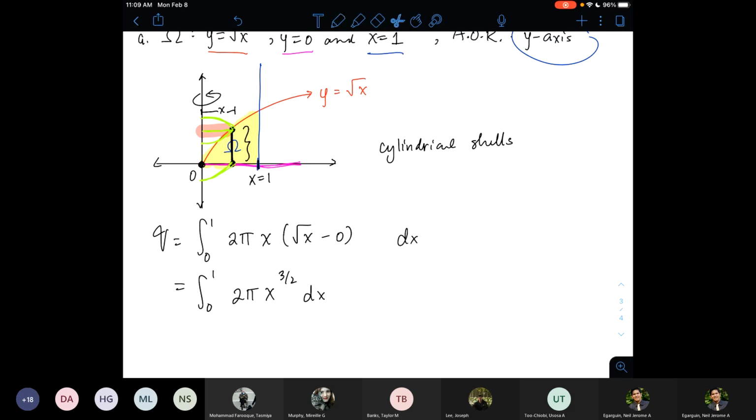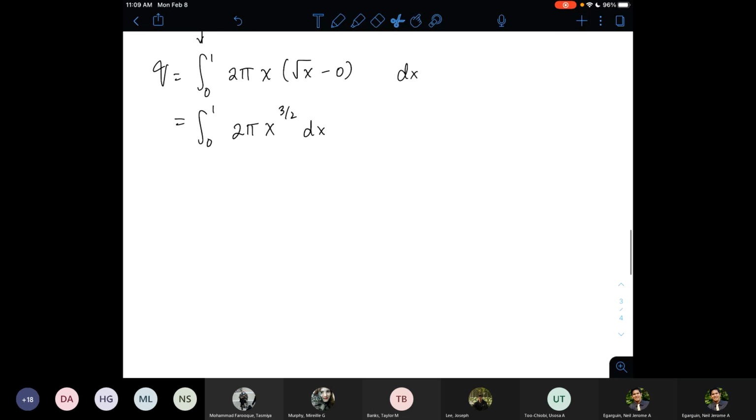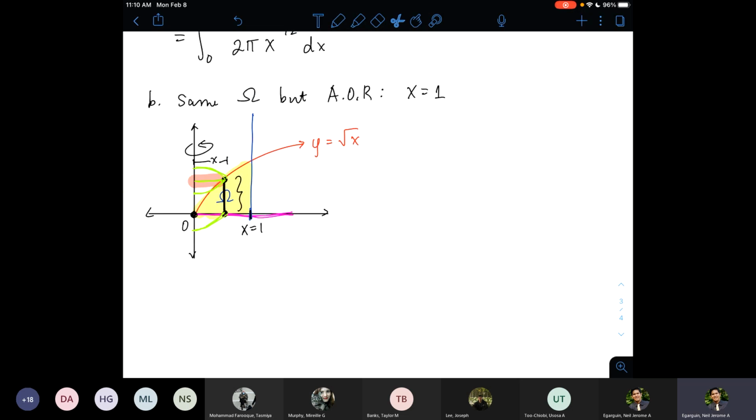Okay. Now the second part of the question is the same region. Same omega, but this time the axis of revolution is the line x equals 1. So let me paste the region over here.